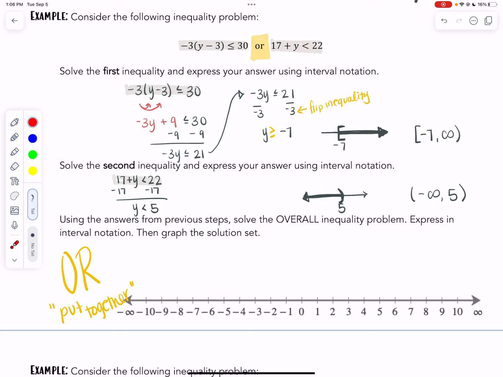All right, so I've got negative 7 going to the right. Okay, that's that first inequality. And then I've got 5 going to the left.